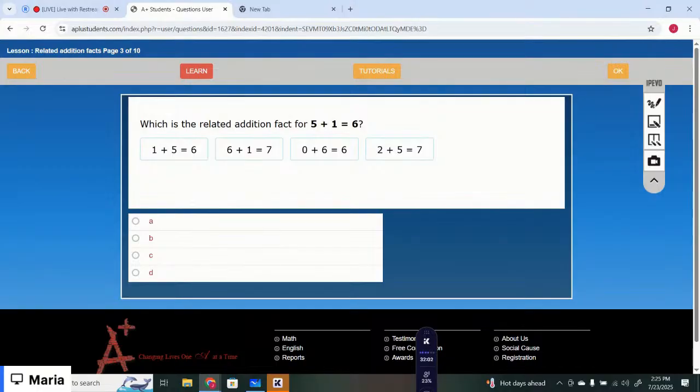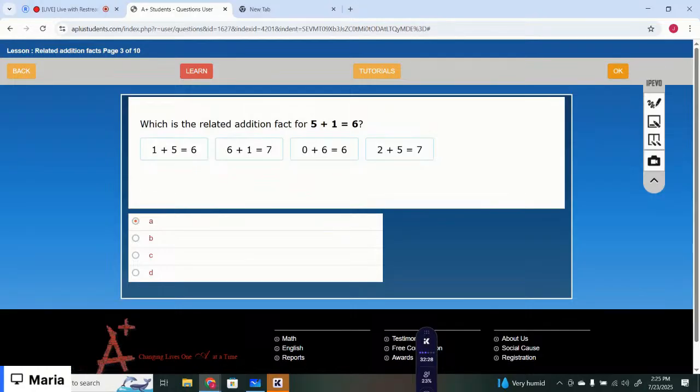Which is the related addition fact for 5 plus 1 equals 6? Option A is the correct option. 1 plus 5 equals 6.